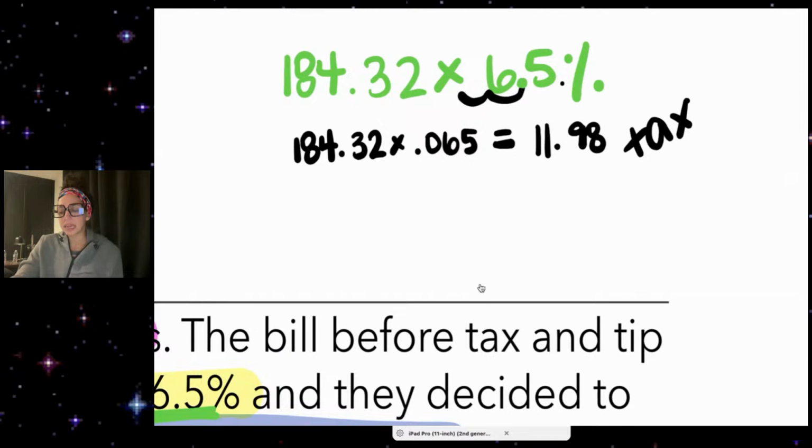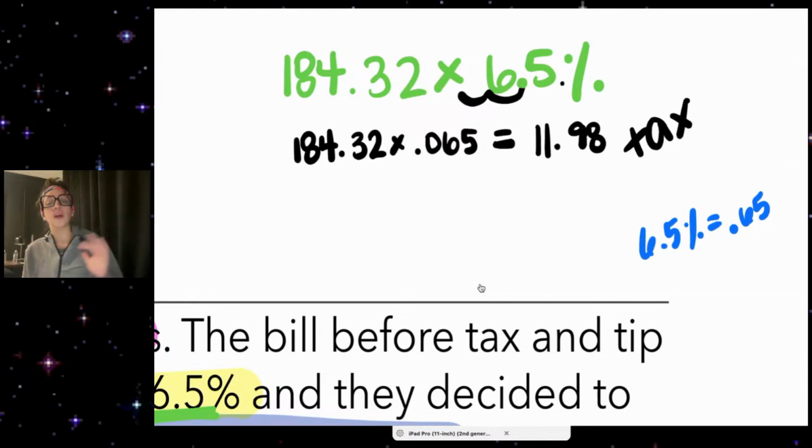Another common mistake people will make is they will say that 6.5% equals 0.06. Sorry, 0.65 because we are so accustomed to seeing decimals from percents be two places, but we need to be careful because 0.65 is actually 65%.